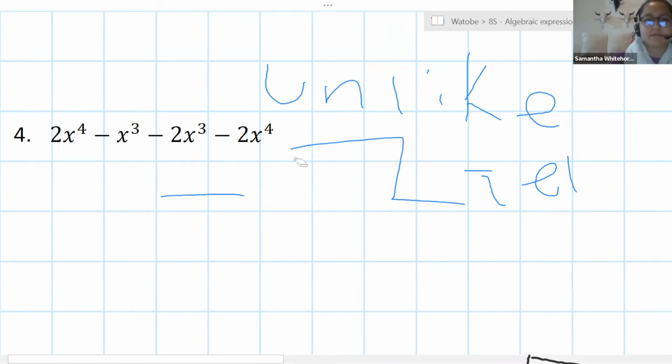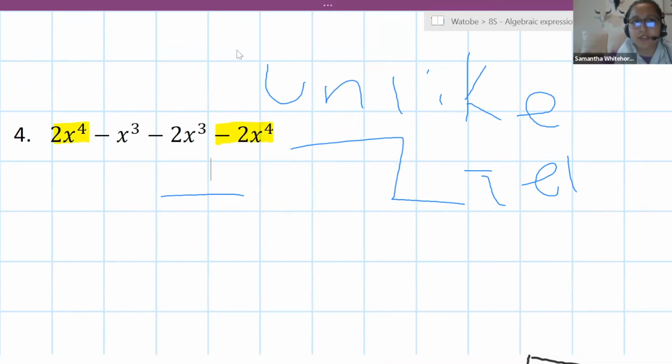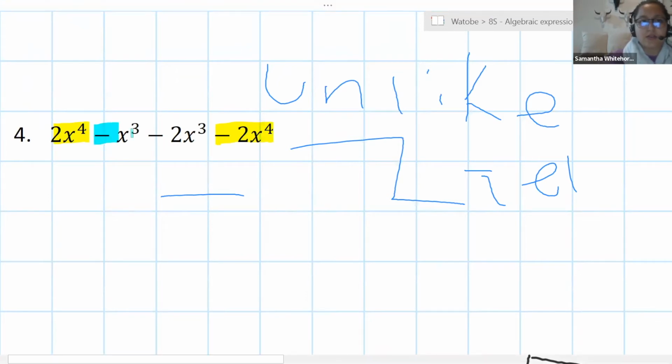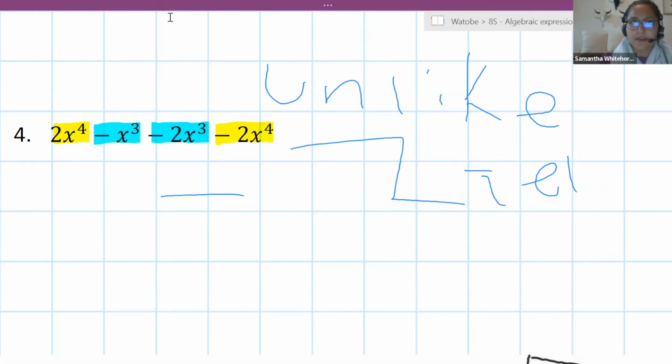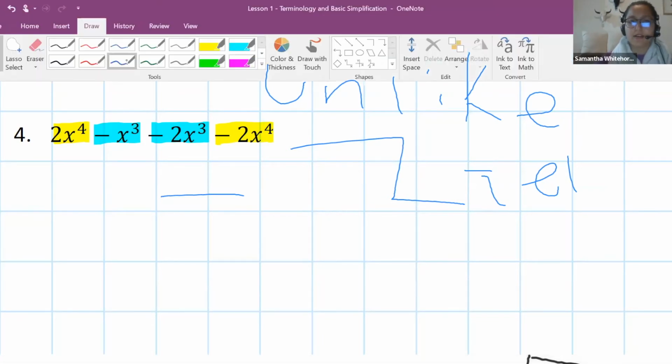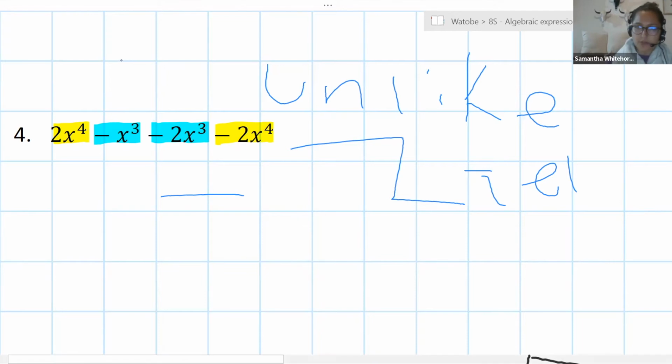Let's do this. Right, so remember, identify your like terms. Those are the ones that have the same variables and the same coefficient. So my like terms here are going to be the 2x to the power 4, the minus 2x to the power 4, and then in a separate group, minus x cubed and minus 2x cubed. And then we want to add and subtract our like terms.